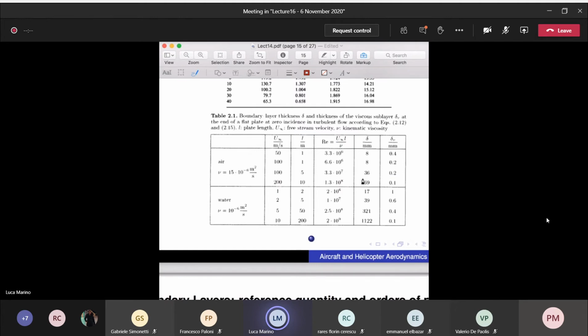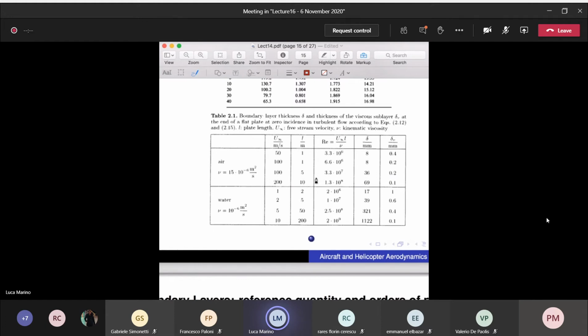If we perform the square root, in terms of millimeters we are at 30 millimeters, which means that we have to compare, for example, 10 millimeters, so 1 centimeter, with 1 meter. So the effect is important.